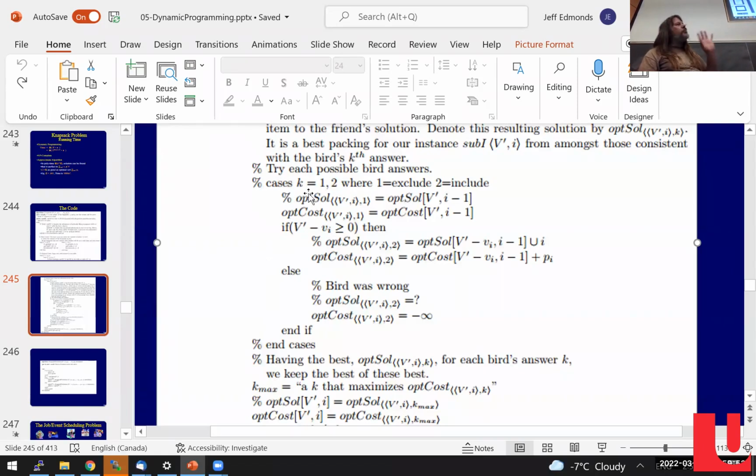Well, here it's not a loop because there's only 2, so we do the one answer, and then we do the two answer, and then we take the best of the best. One advantage of this is we're just trying to make all the codes look the same. And why do we do that? Just to make it easier for you to get the pattern, and easier for the TA to mark them. Everybody good?